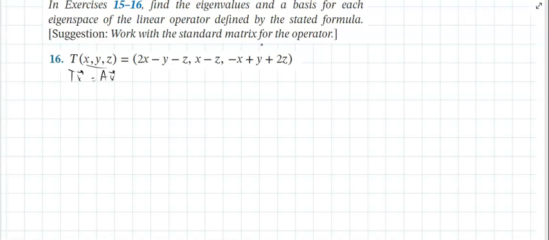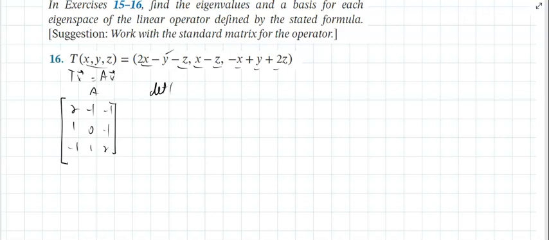So basically, aren't you talking about nothing more than the matrix with rows 2, 1, negative 1, then 1, negative 1, 0, and 1, then negative 1, negative 1, 2? Isn't that matrix A? And now you know what to do.